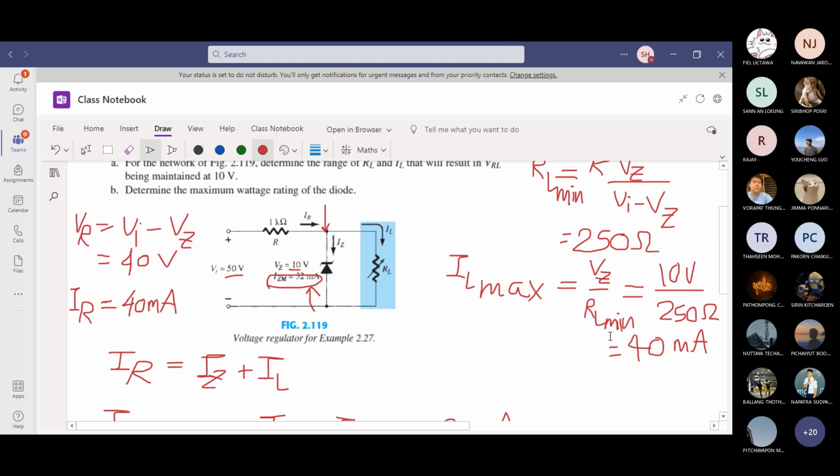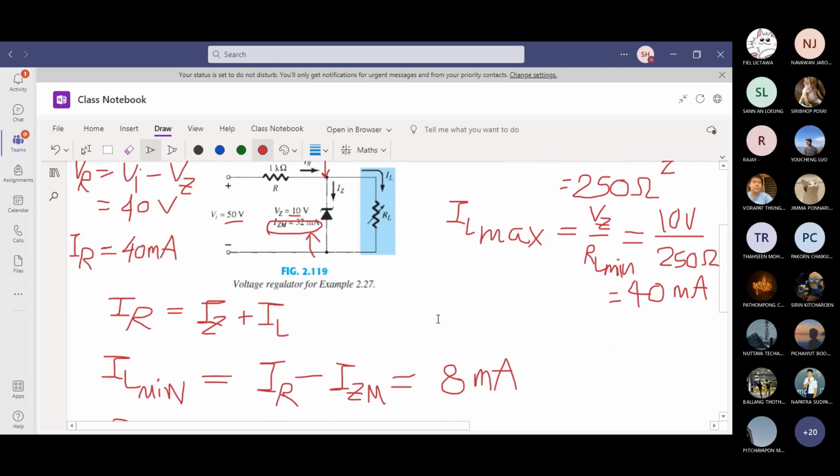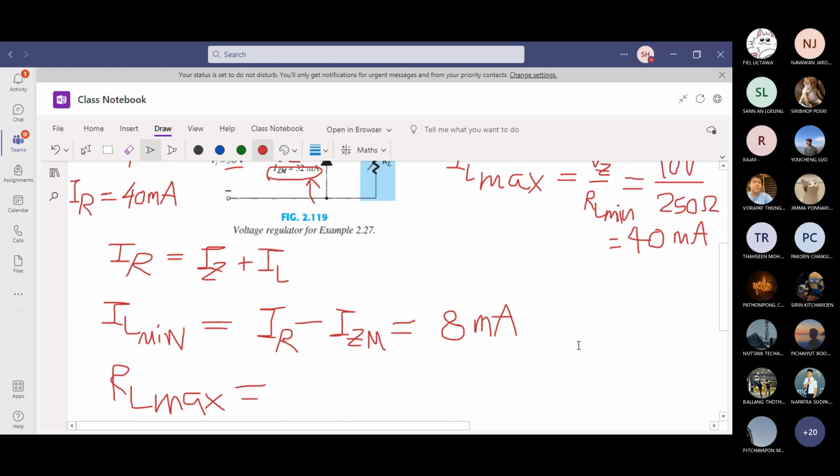RL maximum. Have you forgotten Ohm's law? Thirawut, can you help him? What is RL max?